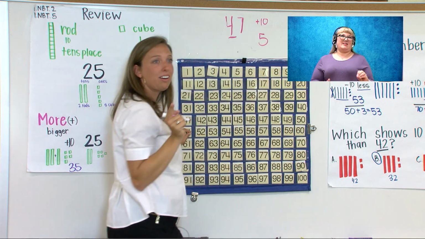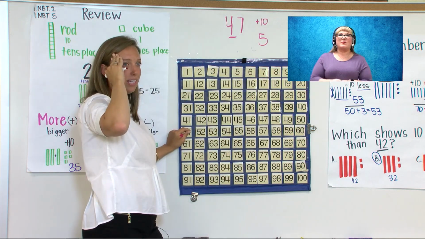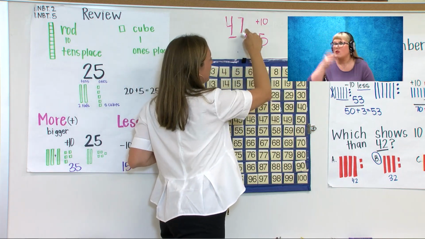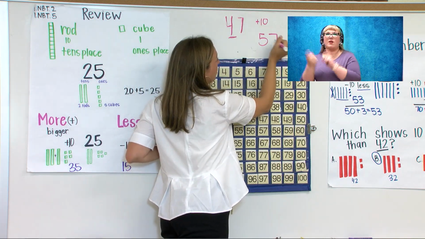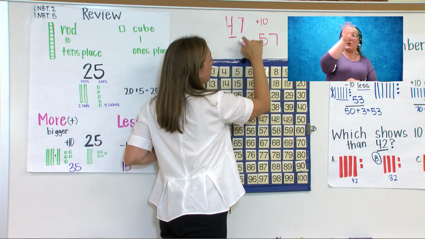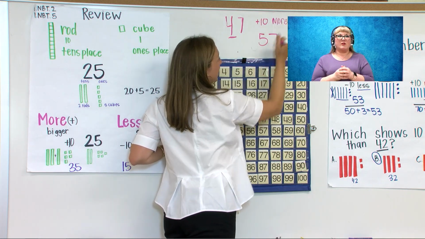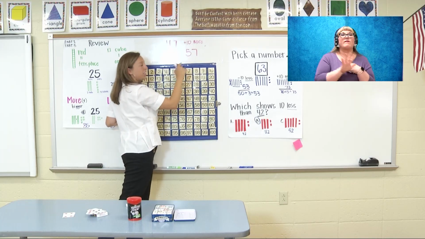If you got that right, give yourself a kiss on the brain. And don't forget, the ones place doesn't change. So we have 47, 10 more than 47 gives us 57.